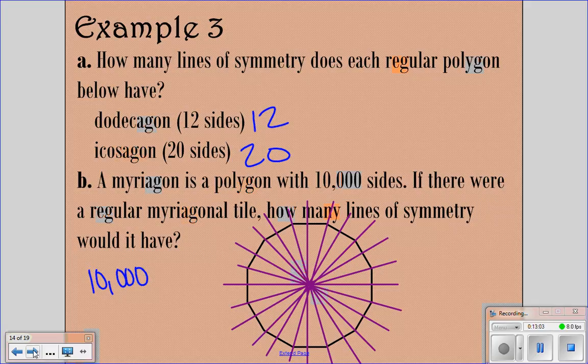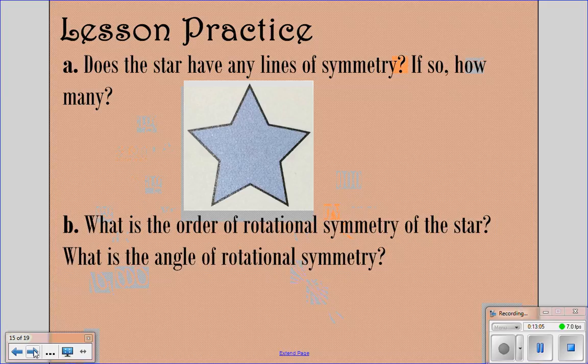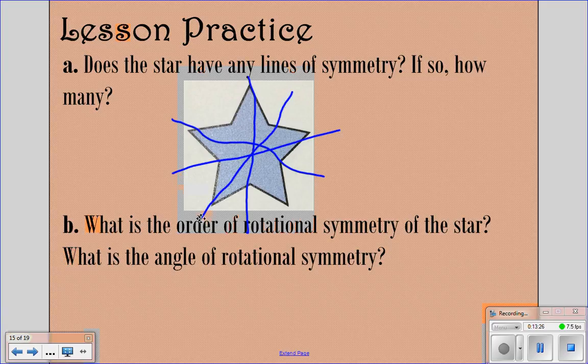Okay? So looking at the practice problems, does the star have any lines of symmetry? If so, how many? Well, it does have lines of symmetry. We can do a line of symmetry through here. We can do it through this vertex, that vertex, and there, and also through there.